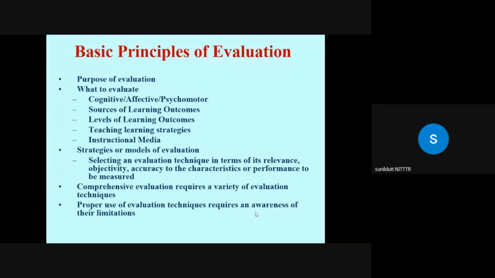Chance factor, that is guessing on, say, objective items, or sometimes the scoring is subjective in the case of essay items. When I ask the question, write a short note on semiconductor, now you will find different responses from different students, because every student will interpret the question and delimit the answer to be discussed according to his own mental judgment.